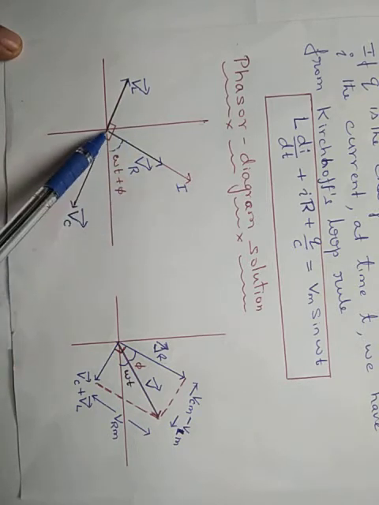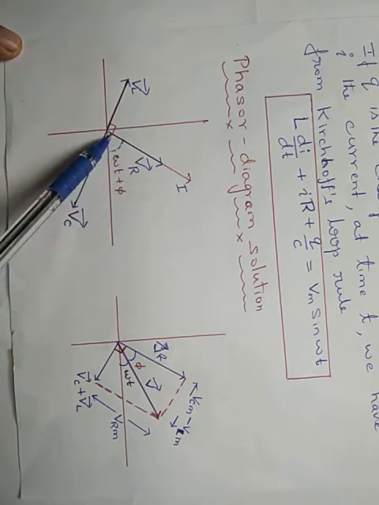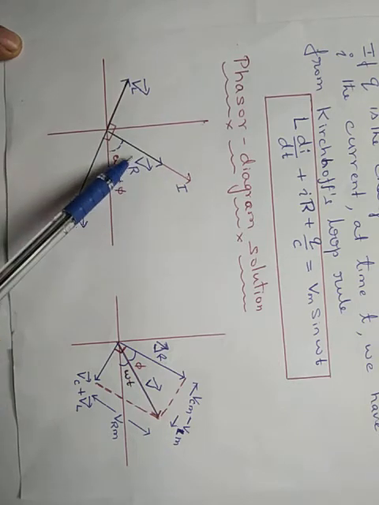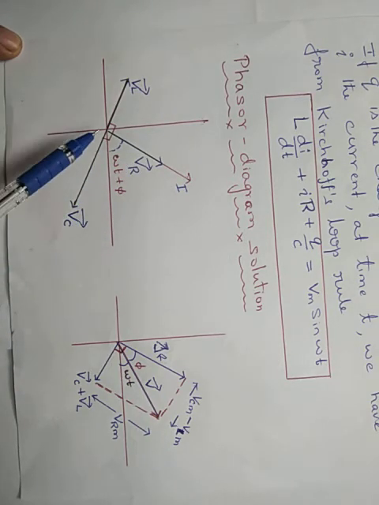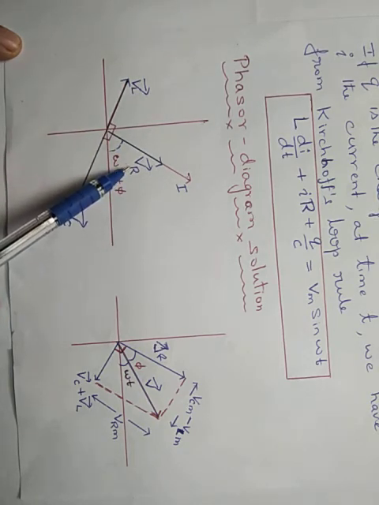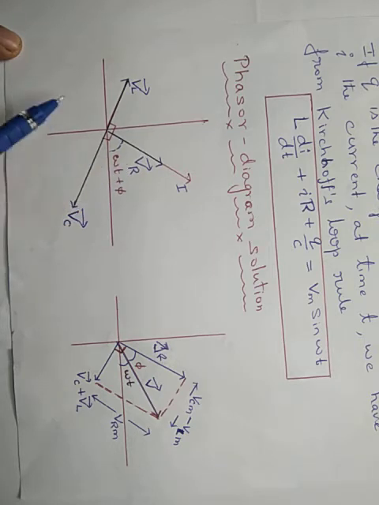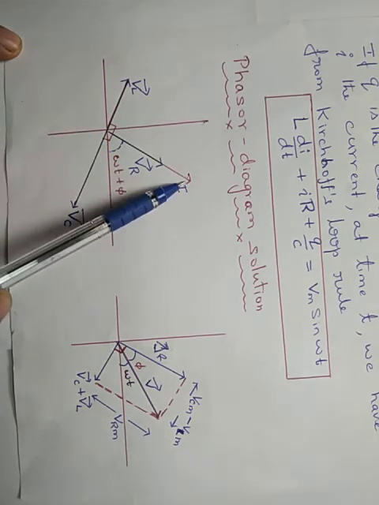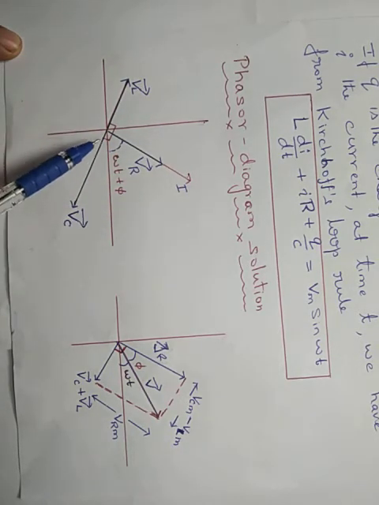This bigger arrow shows the voltage across R and the current, both are in phase, both lie on the same line, that is VR, the voltage drop across the resistor R. This same arrow represents the current I also.